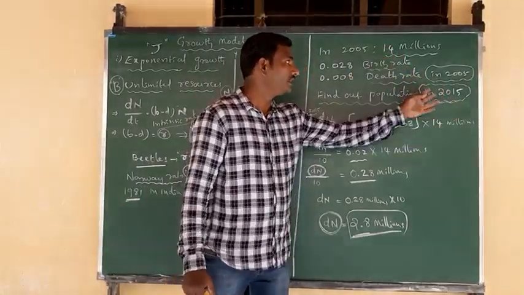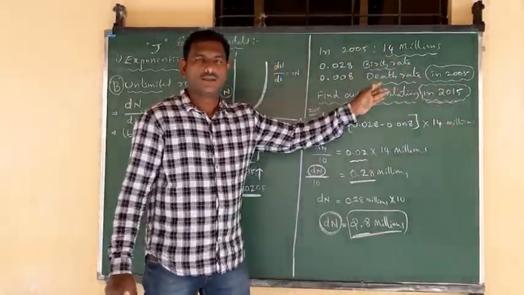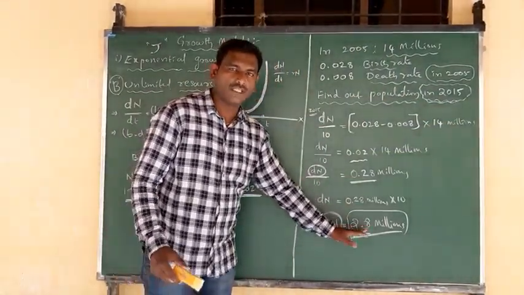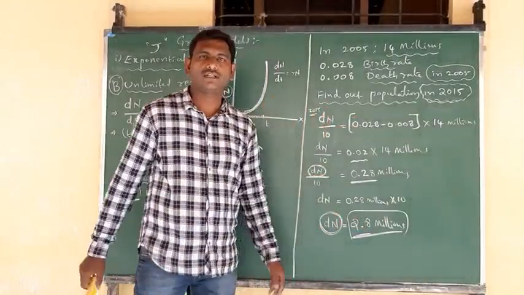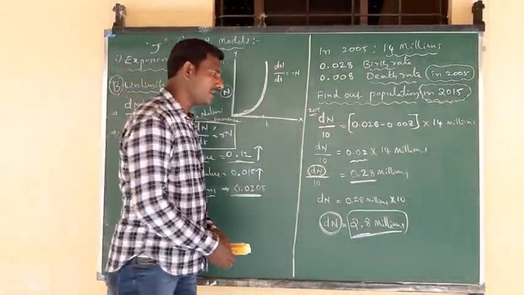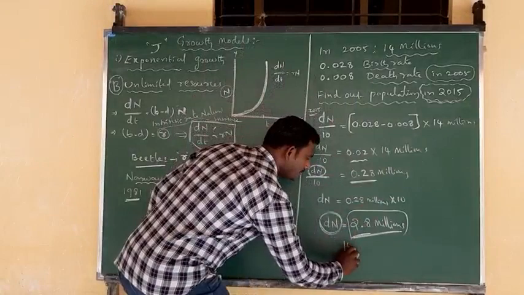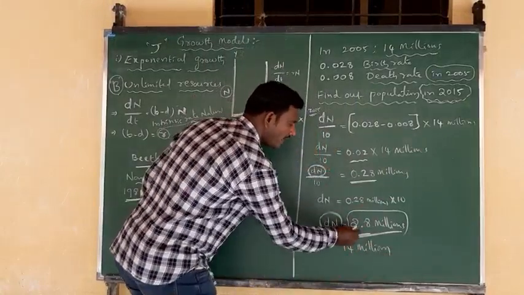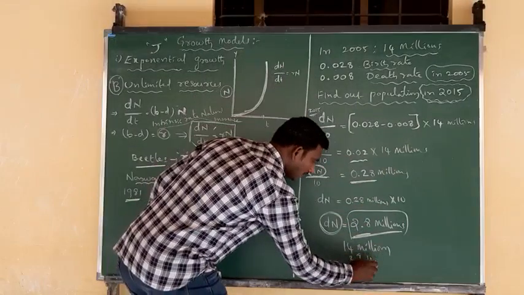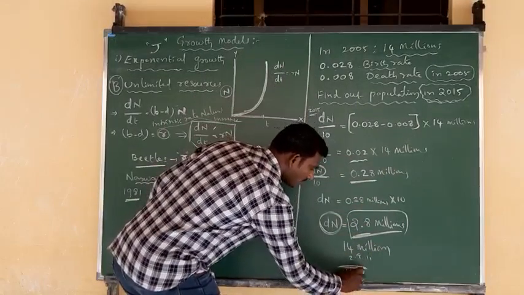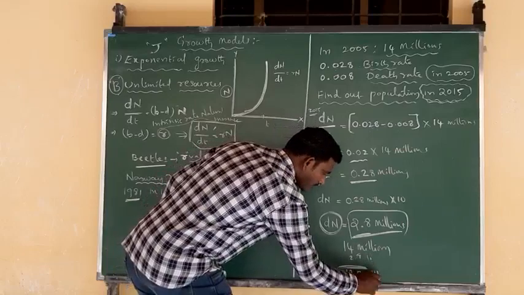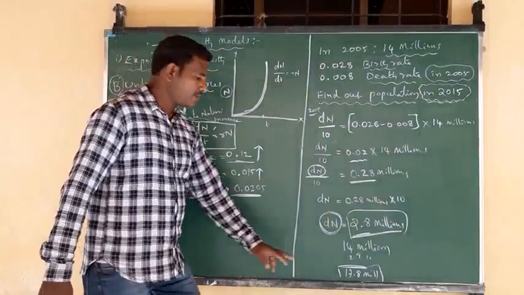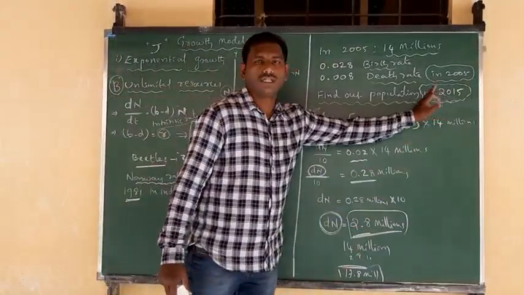In this 10-year period, the population growth is about 2.8 million. So we have to add this growth to the earlier population. The earlier population is 14 million. So 14 million plus 2.8 million, finally it is 16.8 million. Thus the population present in 2015 is 16.8 million.